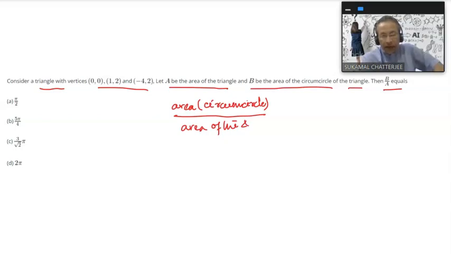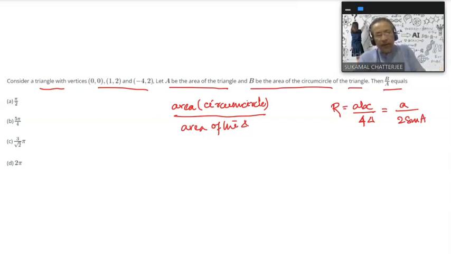Now, to find the area of the circumcircle, we need the circumradius. The circumradius of any triangle is given by abc by 4 times the area of the triangle, and this can be simplified to give a by 2 sin A. So, this is for any triangle.